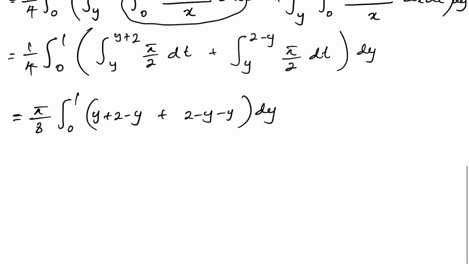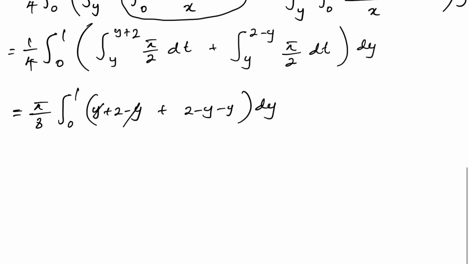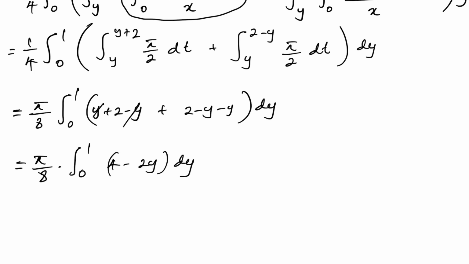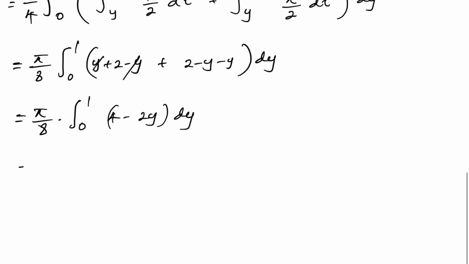Well, then this y gets cancelled. Pi over 8 times, now we have 4 minus 2 times y, so the integral from 0 to 1 of (4 minus 2y) dy. Then we can integrate.